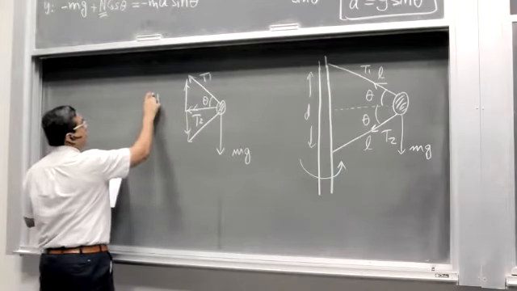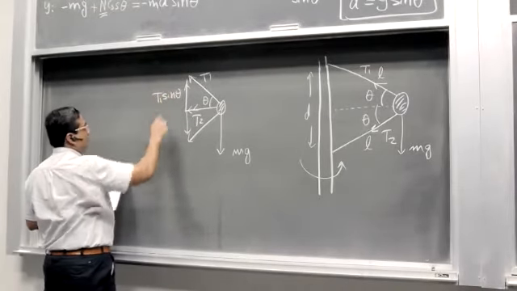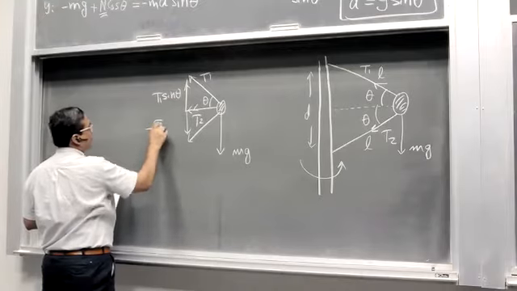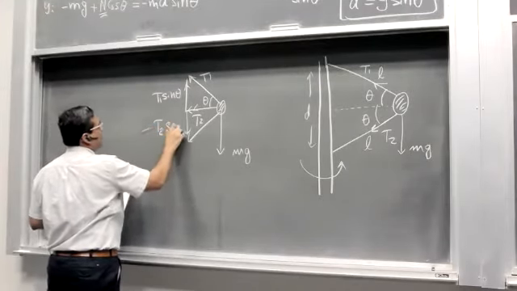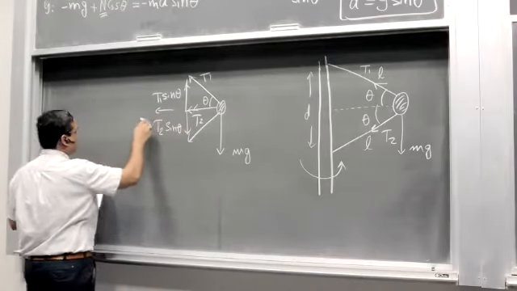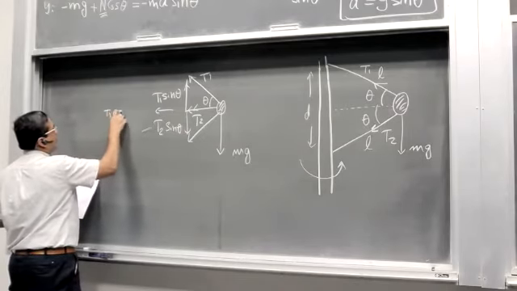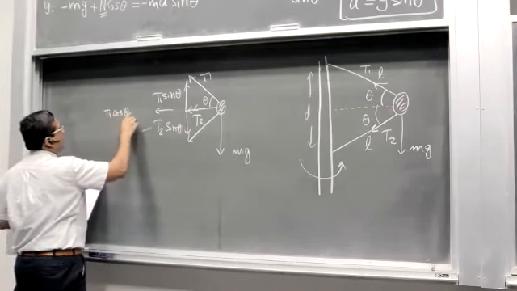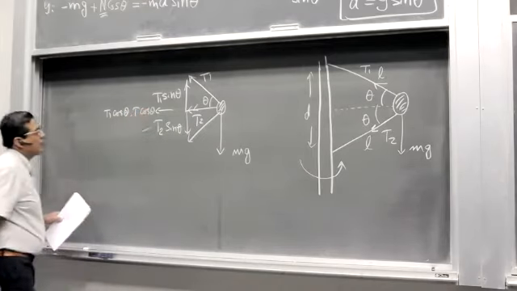This would be T1 sine theta upwards, and this would be minus, or if I don't write the minus yet before the equation, T2 sine theta downwards. And then in this direction, I have two components of tension, T1 cosine theta and T2 cosine theta. Okay, all the components.